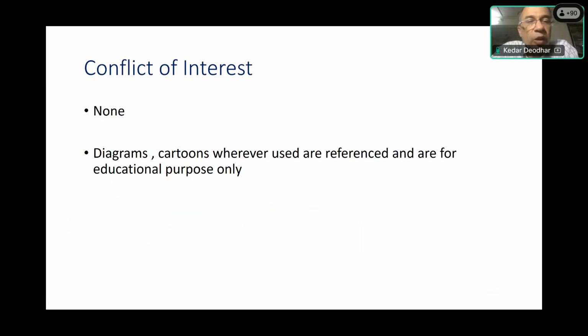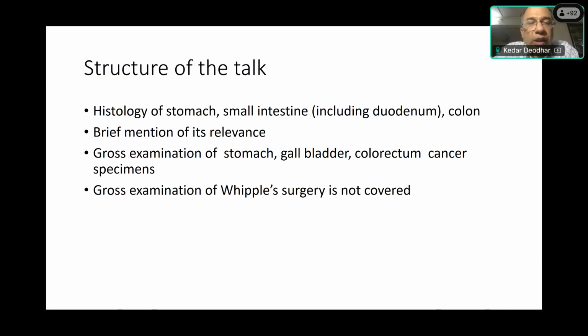So how we will arrange the talk is that we'll have histology of stomach, a few slides, histology of small intestine, including the duodenum. We'll have histology of colon. And I'll mention briefly, we'll see the normal pattern and maybe give some comments as to what we face in our routine practice when we are reading what is normal, and what is the difference between normal and abnormal.